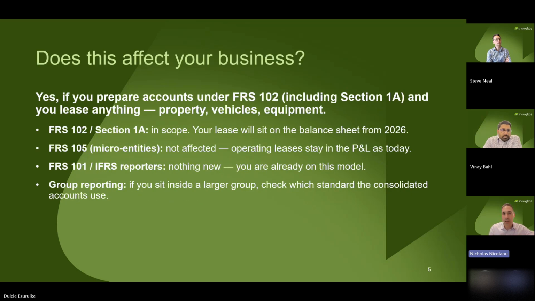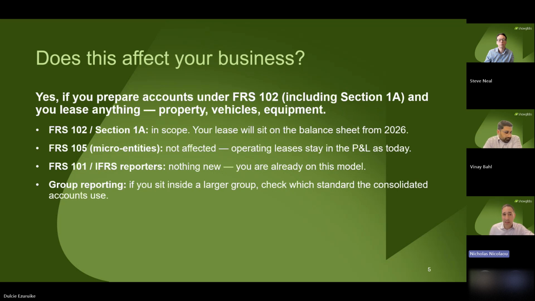So who does it actually impact? This impacts small and medium-sized entities and large, but if you're preparing your accounts under FRS 102 and FRS 102 Section 1A for small companies, you will need to account for these changes on your balance sheet.